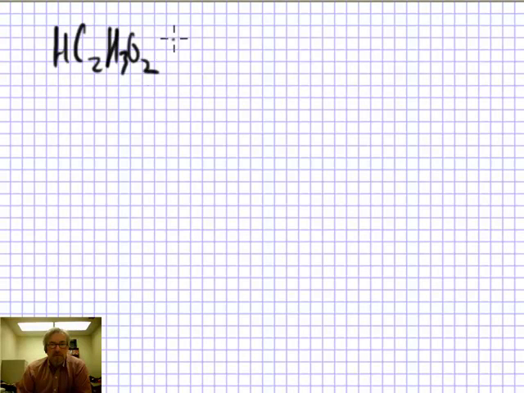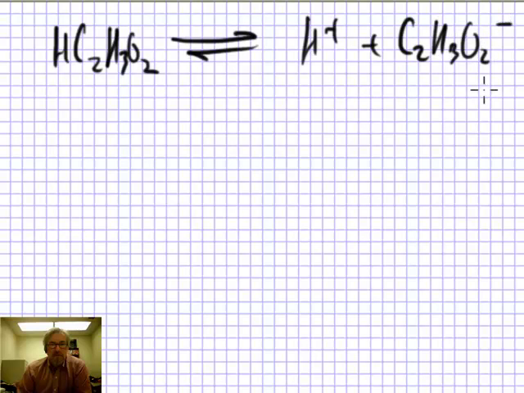So we have acetic acid as our weak acid, and it's going to set up an equilibrium with H+ and acetate ion. And the acetate ion comes from our sodium acetate. Initially, the sodium acetate was 0.015 molar, so that means the acetate ion is also 0.015 molar. If you don't understand why that's true, talk to me in class.